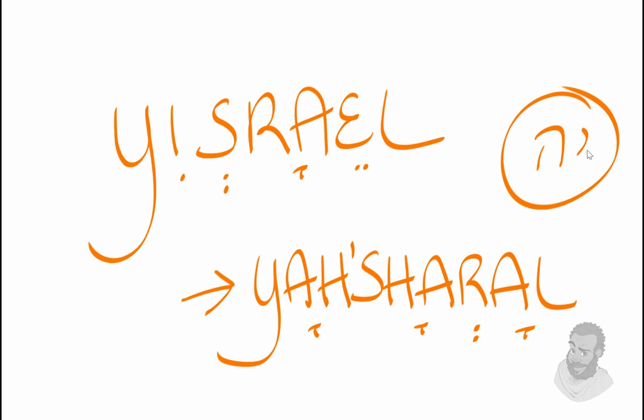Just because there's a yod in the beginning. So if I have a verb like this, yehi, this is not yah. This is yehi, as in let there be or let him be, okay?